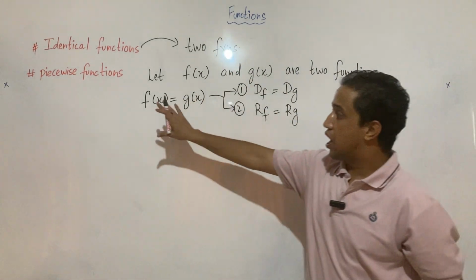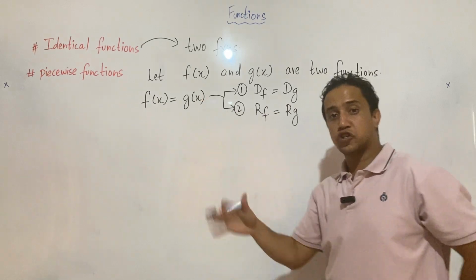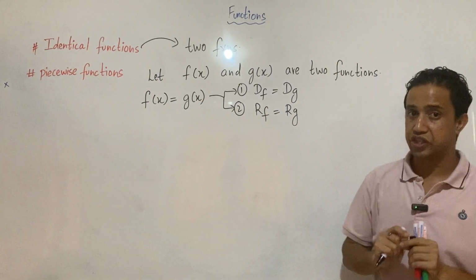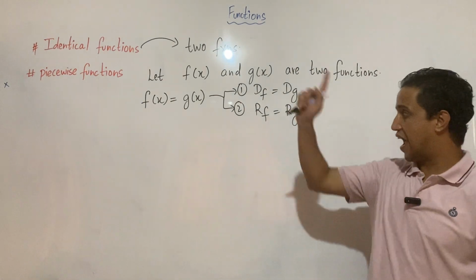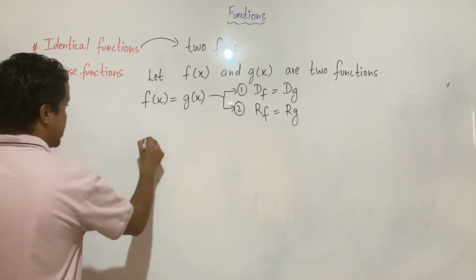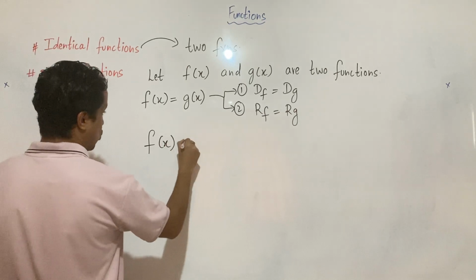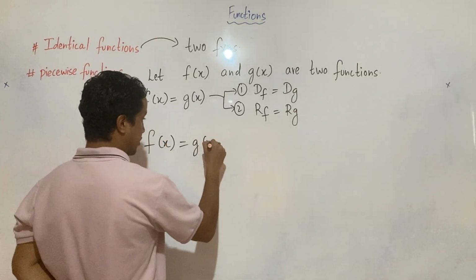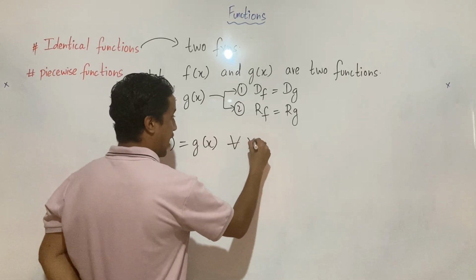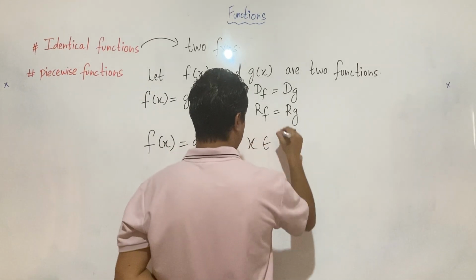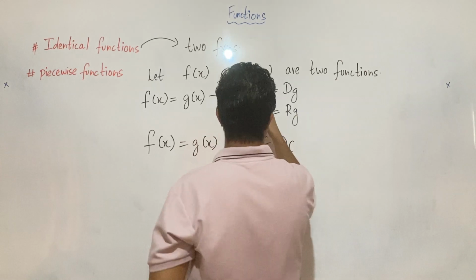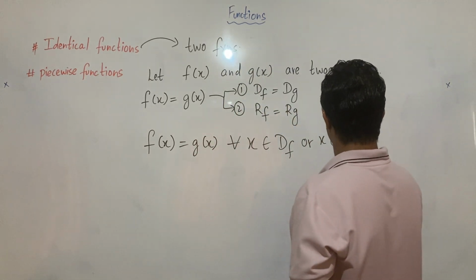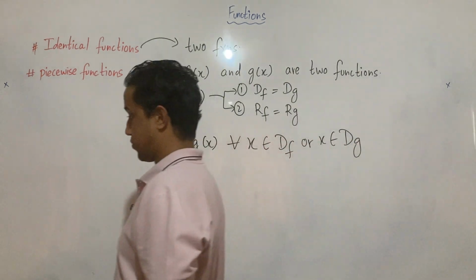So these two functions are said to be identical when their domains and ranges are equal. And then I can say that f(x) is going to be identical or the same as g(x) for all x belongs to domain of f or x belongs to domain of g, right?